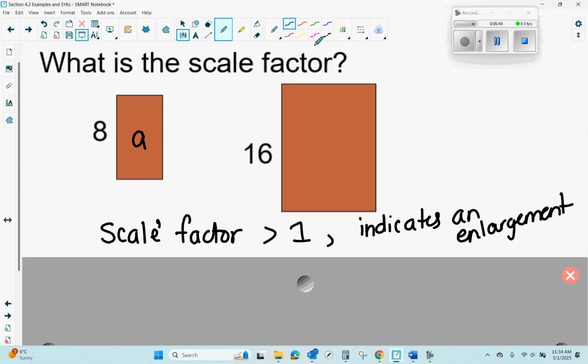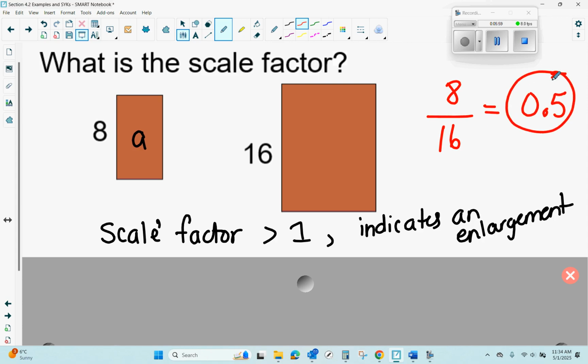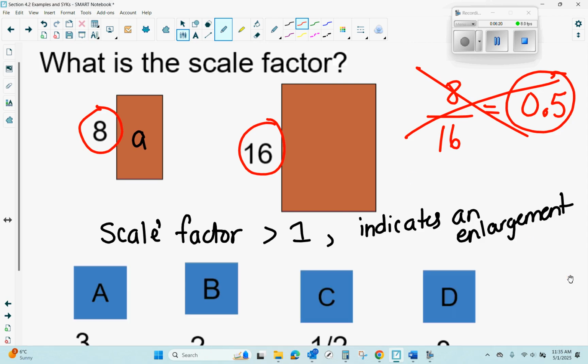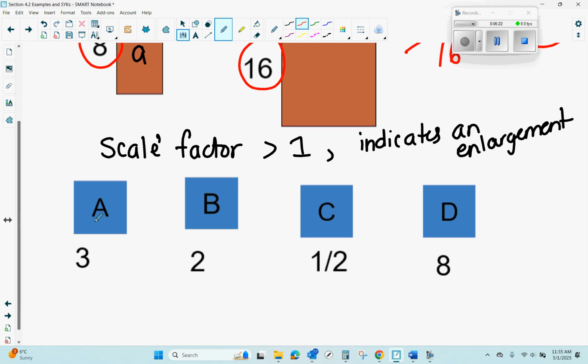If you would have divided these in the opposite order, if you would have done 8 divided by 16, you'll get 0.5. Okay, that is incorrect because a scale factor of less than 1 would indicate that the picture got smaller, a reduction, and we didn't have a reduction here. We had an enlargement. So it's really important that you always do the second picture divided by the first to get the correct scale factor. Okay, so down here, which letter is 2? Okay, letter B.